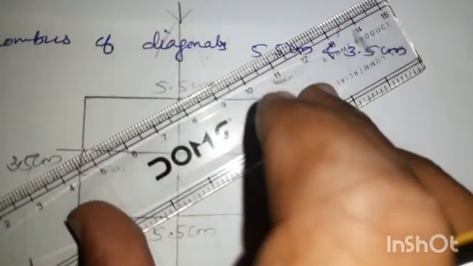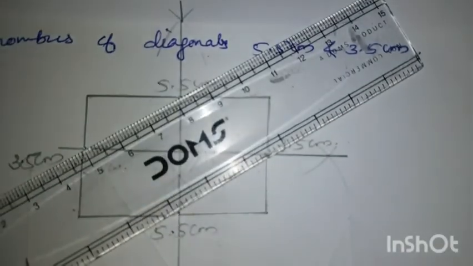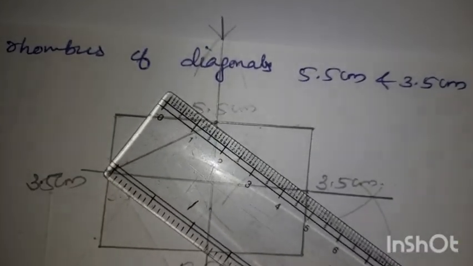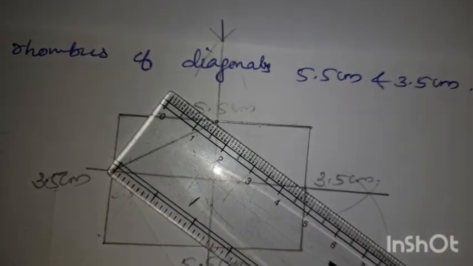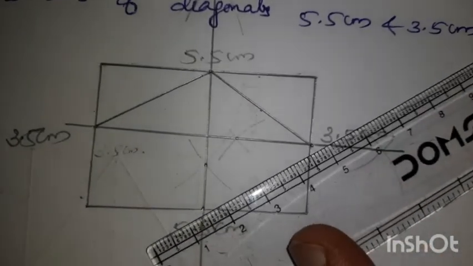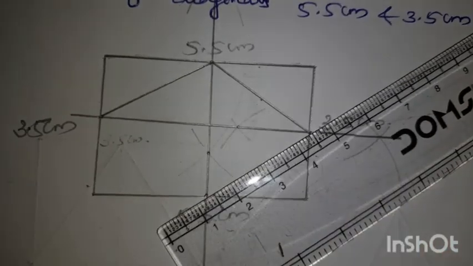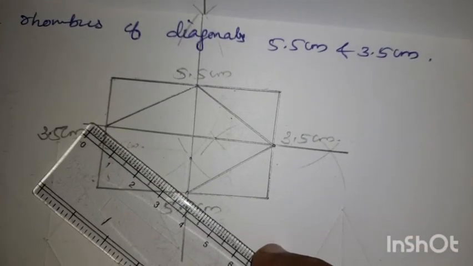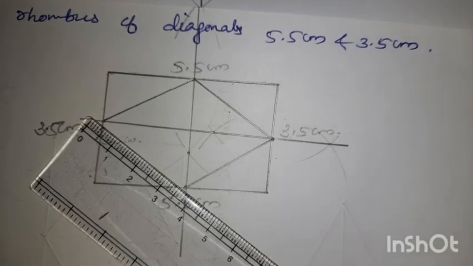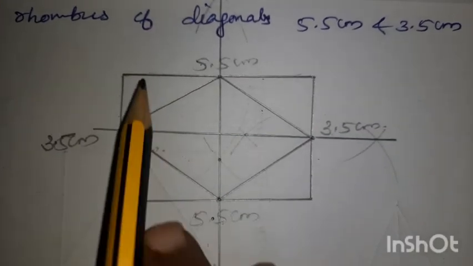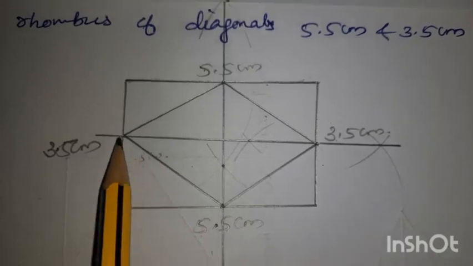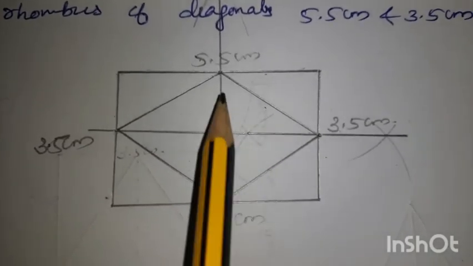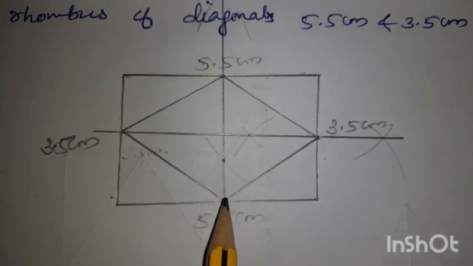Then you have to join these lines. So you can complete the rhombus that is inside the rectangle. So for diagonals of 5.5 and 3.5, draw the bisectors and complete the rhombus.